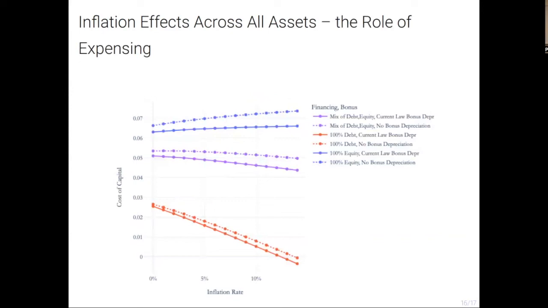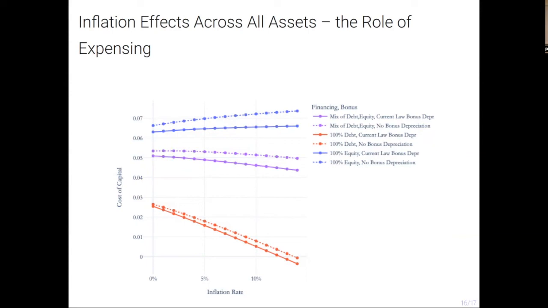Right, in this final set of results, I want to show the impact under current law. So the solid lines here represent the cost of capital under current law with 100% bonus depreciation for assets with depreciable lives of 20 years or less. Okay, the dashed lines are a different scenario in which we have no bonus depreciation.